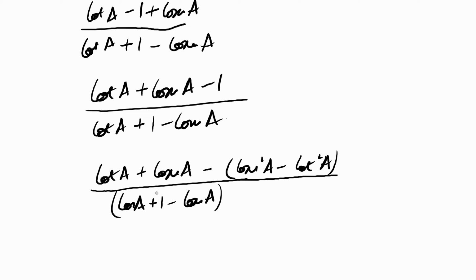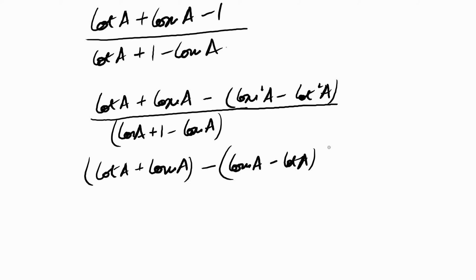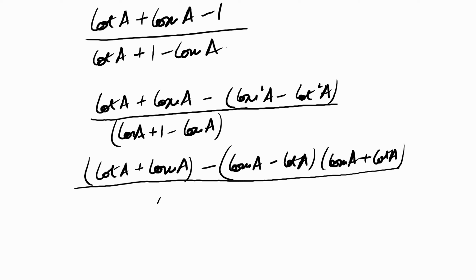Then what will I do? I will write cot A plus cosec A minus (cosec A minus cot A)(cosec A plus cot A) upon cot A plus 1 minus cosec A. What will we take common?